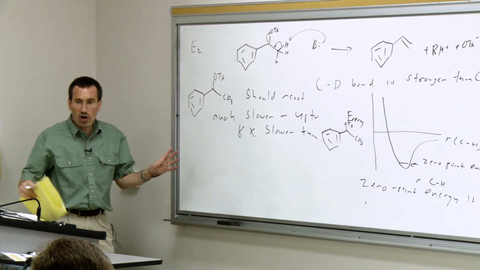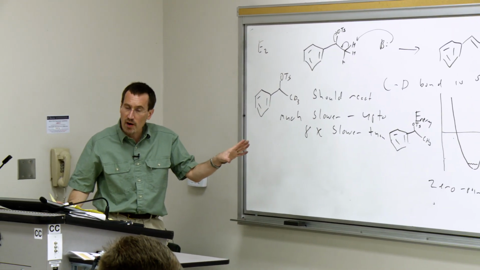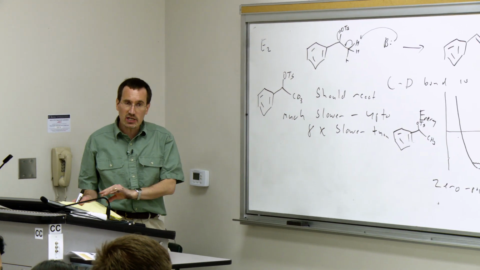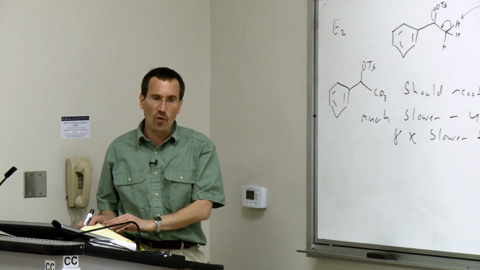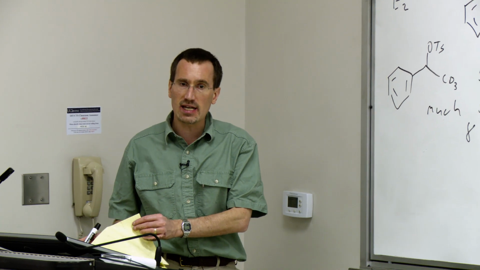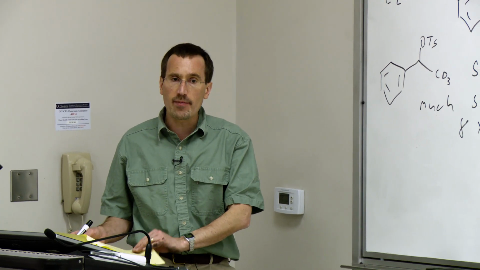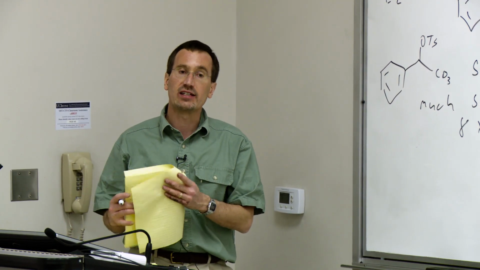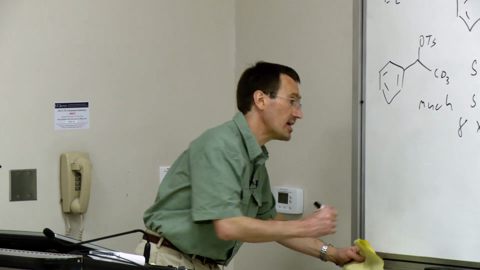And so the take-home message is, if you are breaking a CH bond in or before the rate-determining step, you have a primary kinetic isotope effect that's going to be close to 8.